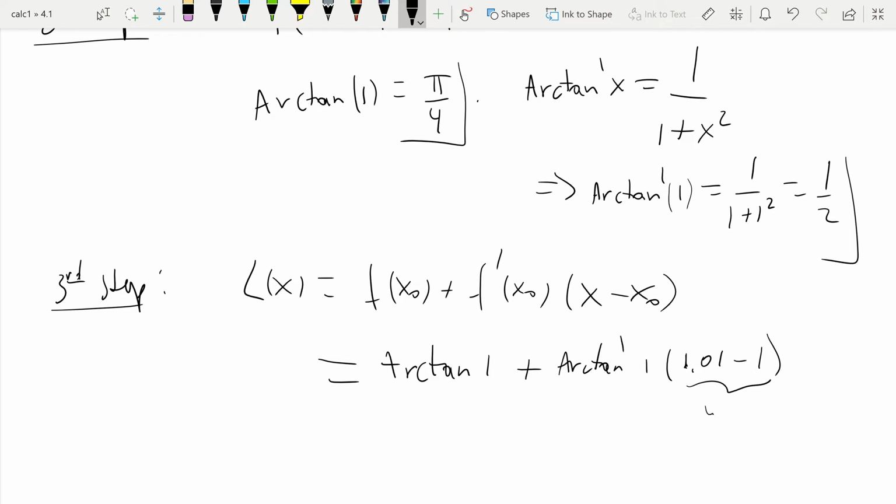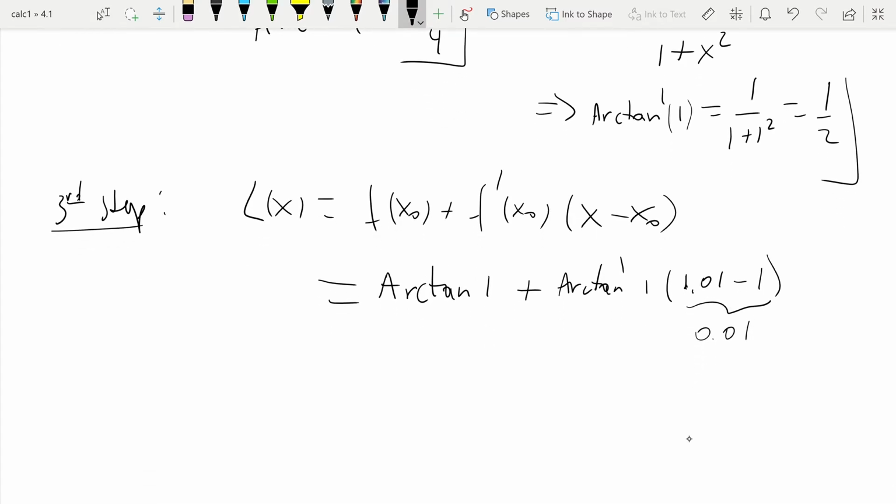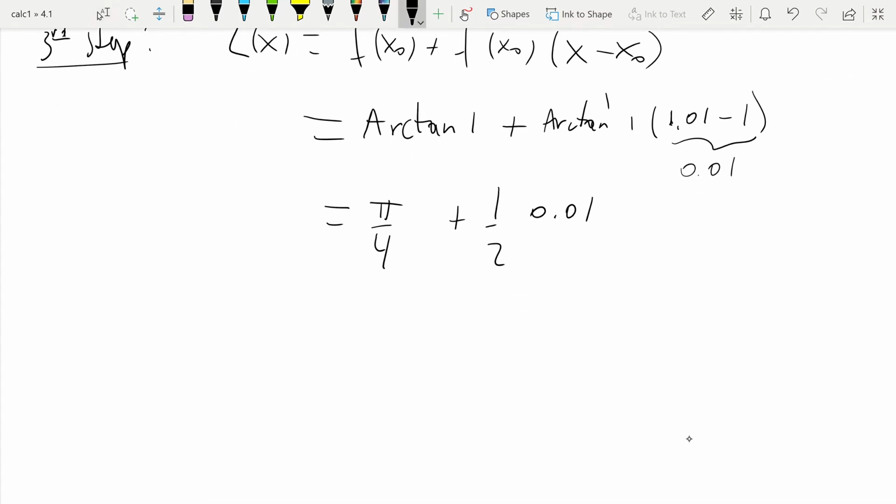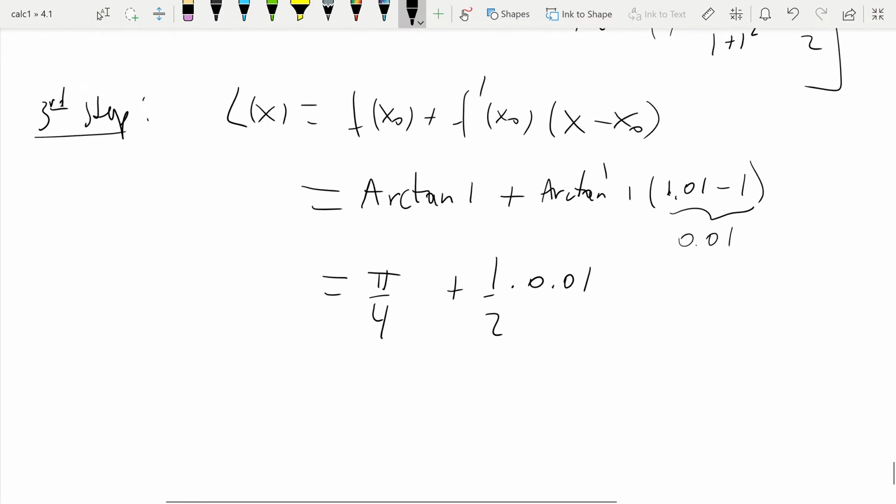This is just 0.01. So this is equal to pi over 4 plus 1 over 2 times 0.01. This is L of x, so L of 1.01 is equal to that. So our approximation in the end is this.